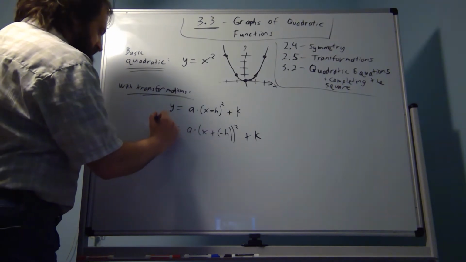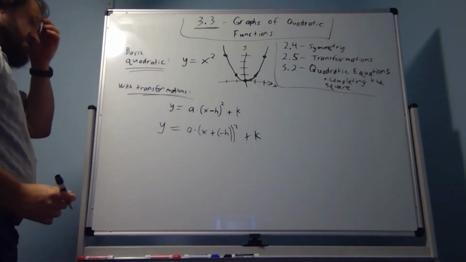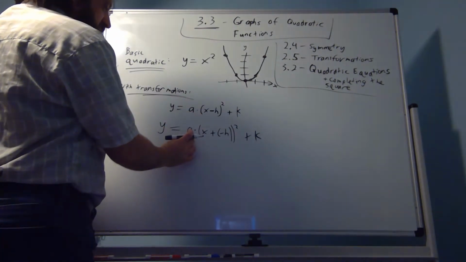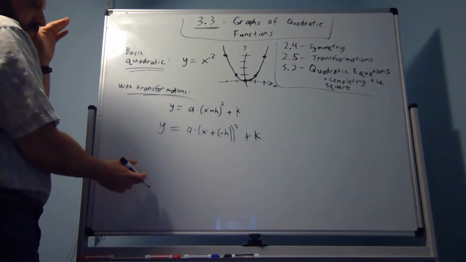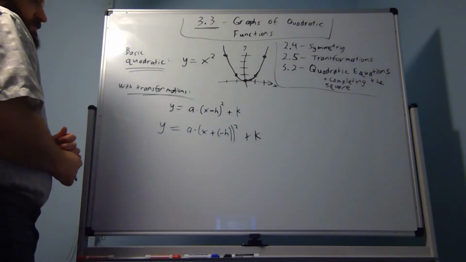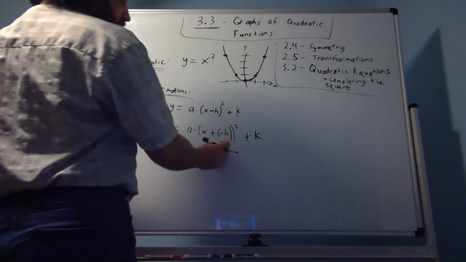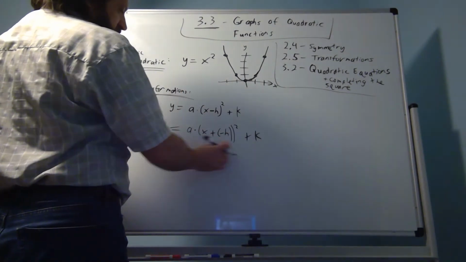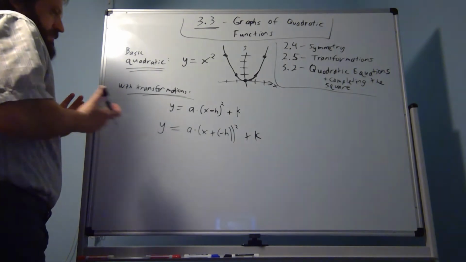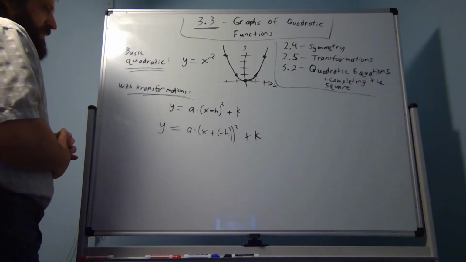Okay, so let's take the original and then we stretch vertically by a, and then we add a k. So we shift it left by negative h, which is like a double negative. So basically move to the right by h.